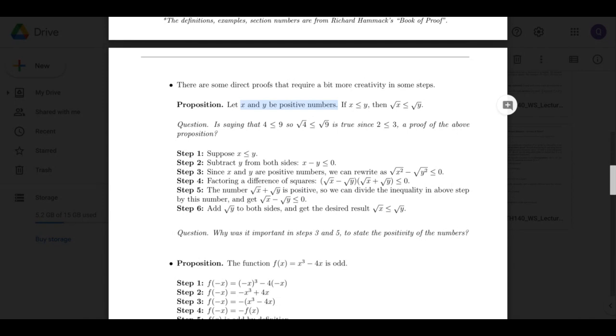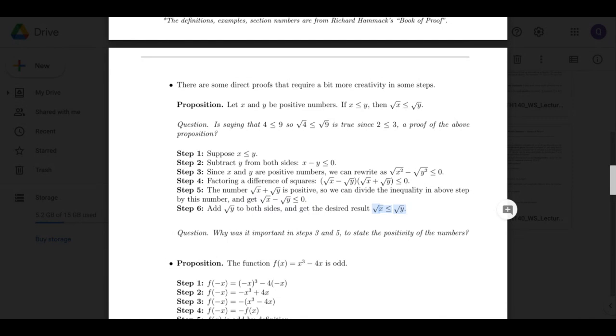We don't want x, y to be 0. That's why the square root of x plus the square root of y is positive. So we can divide on both sides. When we divide, 0 divided by a positive number is still 0. So we get the square root of x minus the square root of y less than or equal to 0. Then we add the square root of y on both sides, so we prove Q.